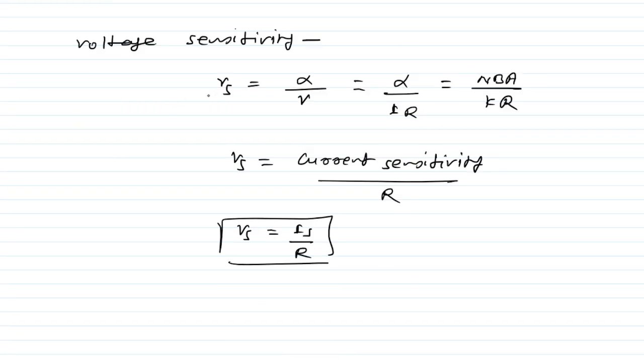And how do we define voltage sensitivity? Deflection in the galvanometer per unit potential difference applied across its ends.